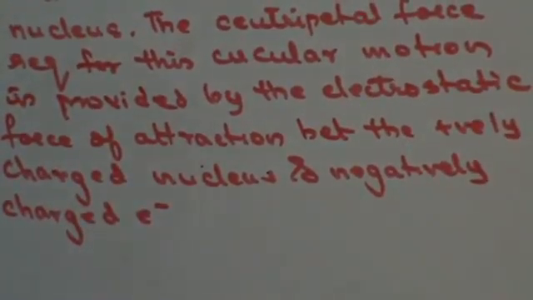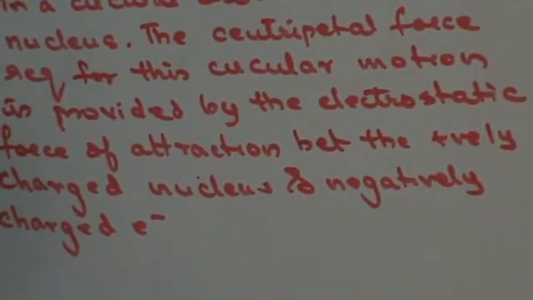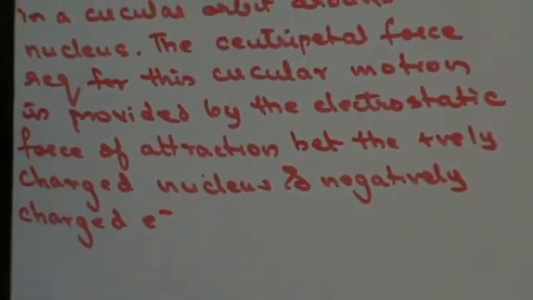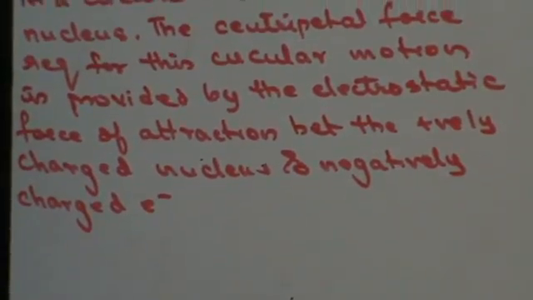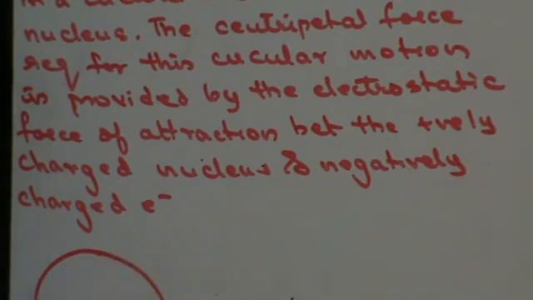Fine. Now, in a hydrogen atom, there is only one electron revolving in a circular orbit around the nucleus. Since the atom is electrically neutral, the magnitude of the positive charge on the nucleus should be equal to that of the electron. Now let us assume that this is my hydrogen atom, this is my nucleus.